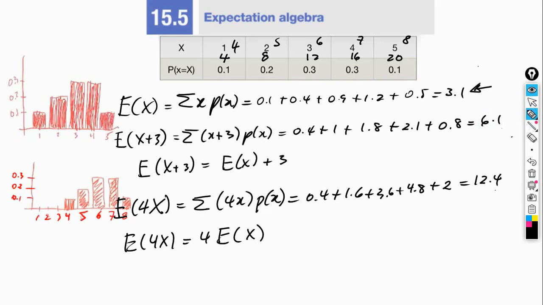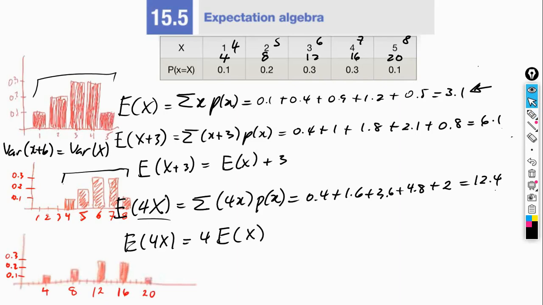The variance would be the same because each value is still distributed the same way as it was originally. The only difference is that it shifted 3 units to the right. So that means that the variance of x plus b is the same as the variance of the random variable x.